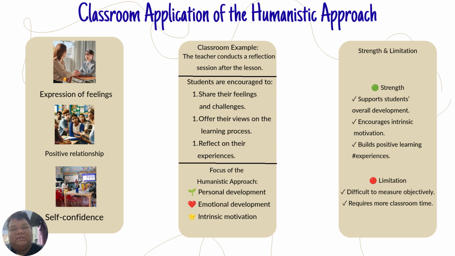For instance, student emotional development and changes in attitude are difficult to measure objectively. Additionally, this approach demands more time and communication skills from the teacher. In conclusion, for this slide, the humanistic approach plays a vital role in helping students develop into balanced and confident individuals.